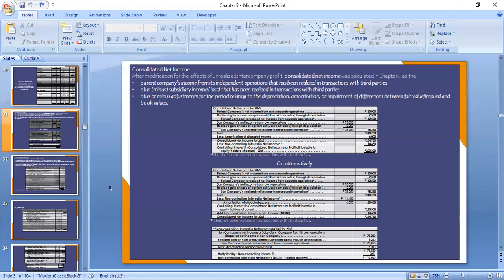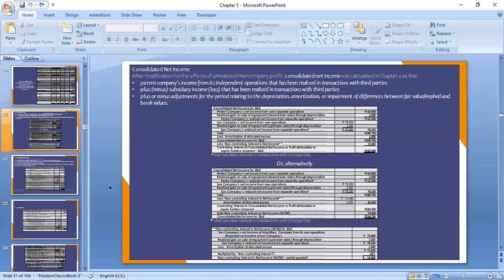So take note that whatever realized income from downstream sales should be added to the separate net income of the parent, and whatever realized gain on sale with regards to upstream sales, or the seller being the subsidiary, should also be added to the separate net income of the subsidiary.